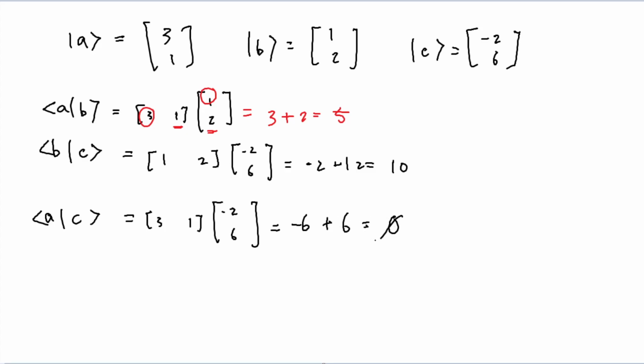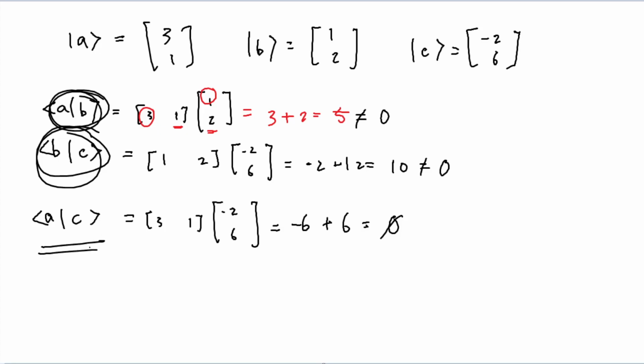And interestingly enough, A and C, when paired together, do indeed equal 0 when you multiply them. And because A and B, and B and C, do not equal 0 when you multiply them, in that case, A and B are not orthogonal relative to one another. B and C are not orthogonal vectors relative to one another, but A and C are indeed.